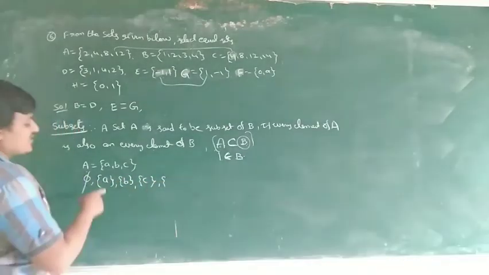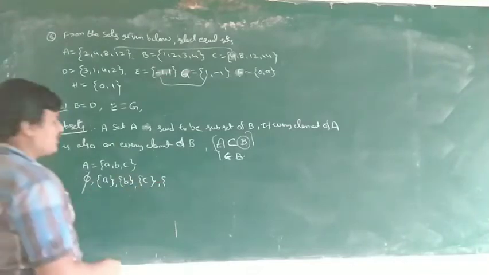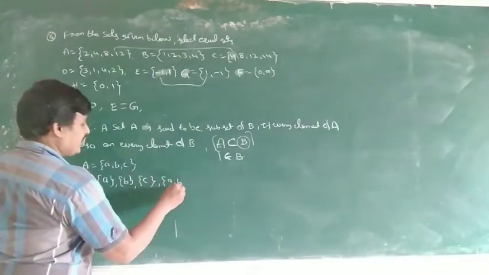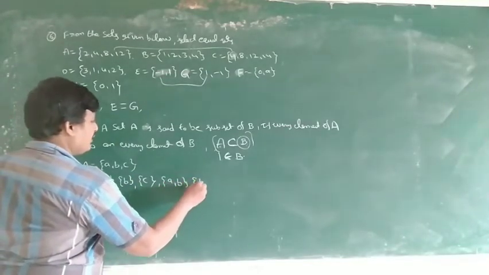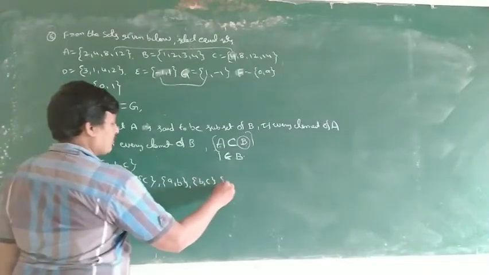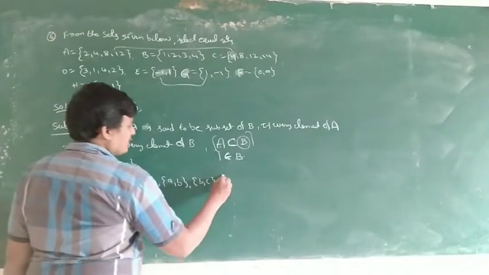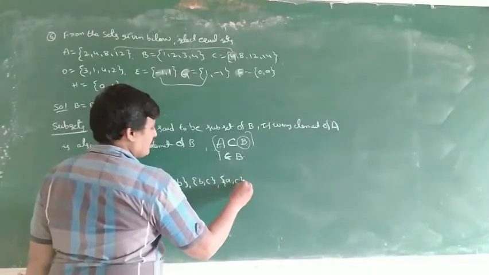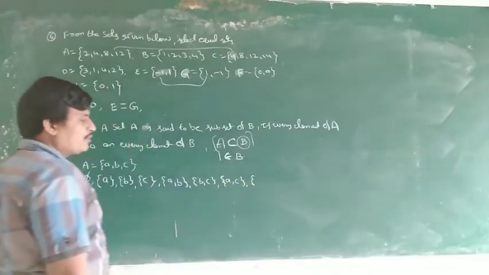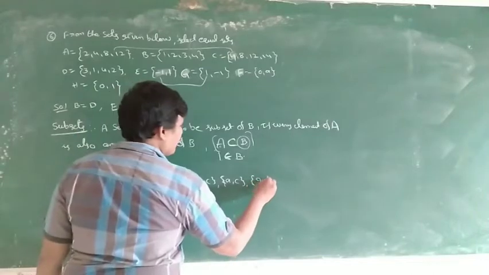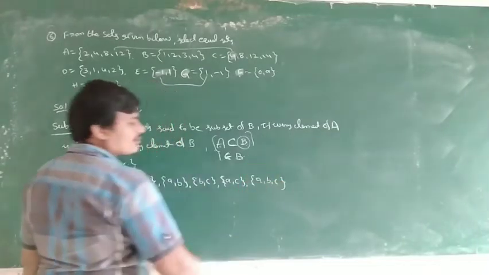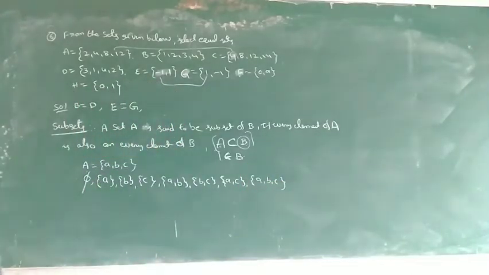Next, double-element sets: {a, b}, {b, c}, {a, c}. Next, the triple-element set: {a, b, c}. How many subsets are there?